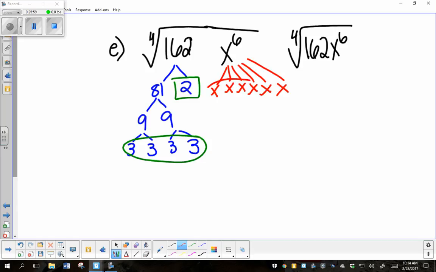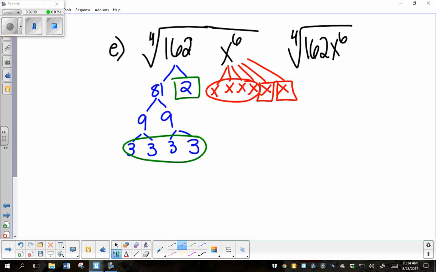Yeah. So that group gets to come out. Both of these guys have to stay inside. You could do x squared times x to the 4th, because that would give you x to the 6th. But for the letters, I would just do this.